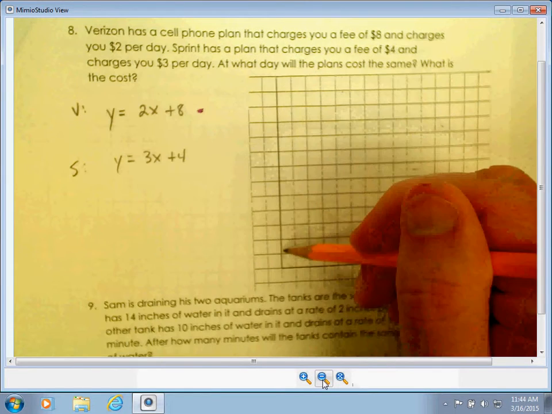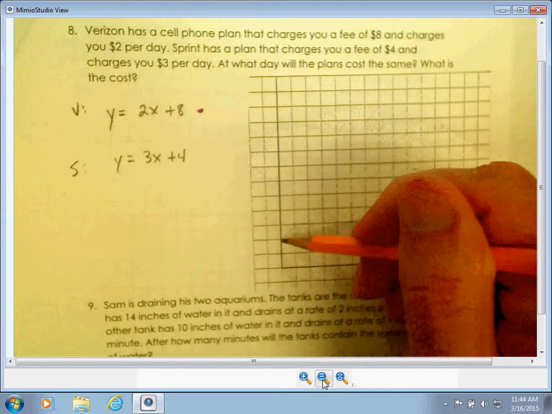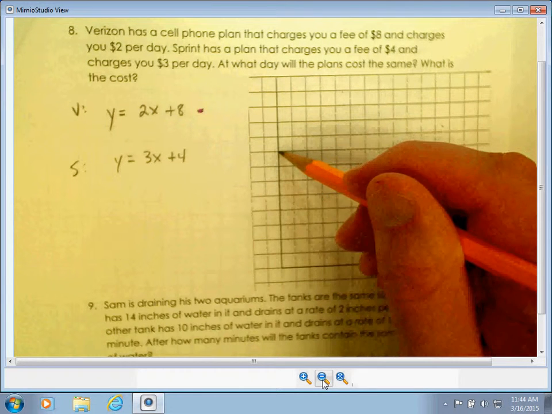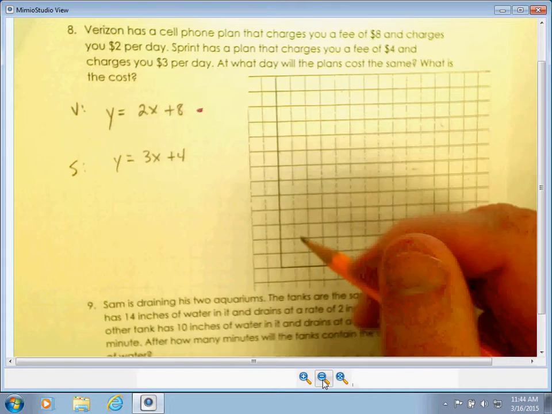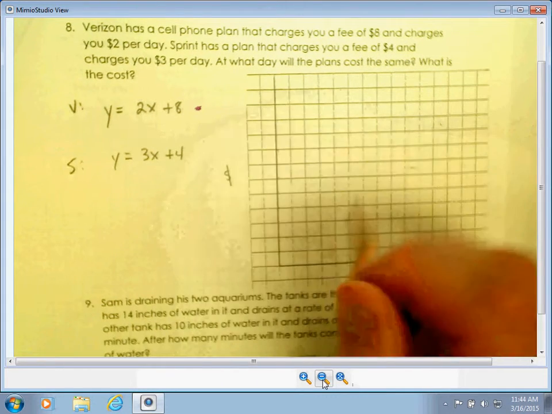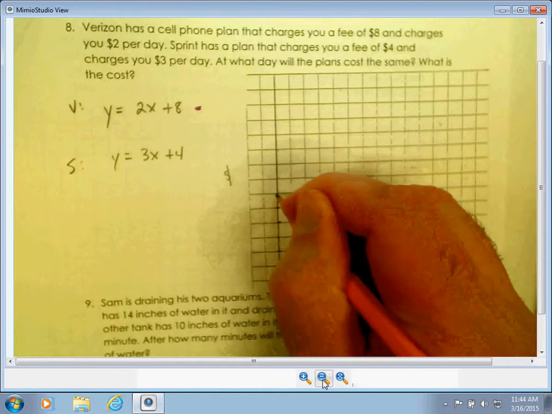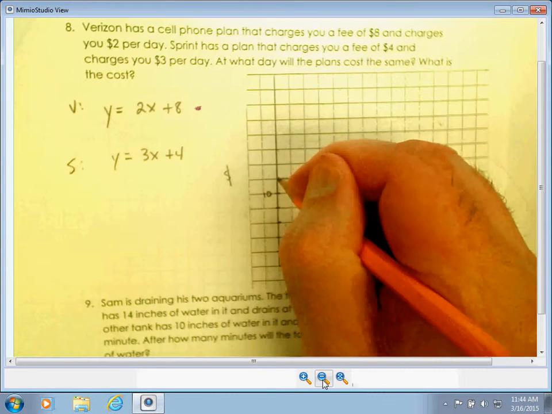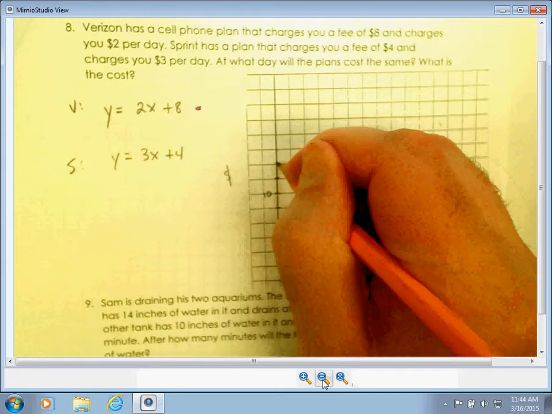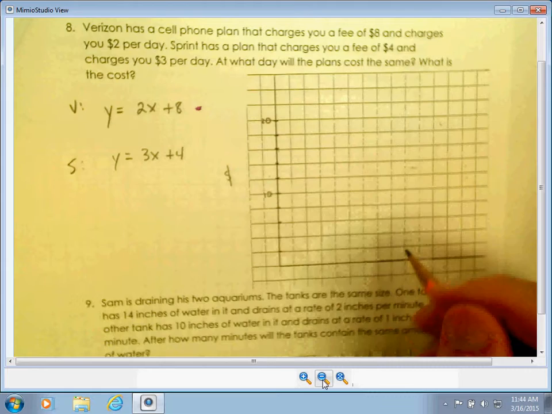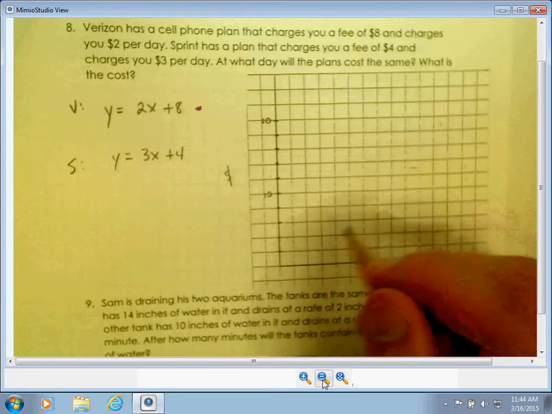If I make this by ones, it's going to have 1, 2, 3, 4, 5, 6, 7, 8. 8's going to be all the way up here. I think I'm going to do this graph by 2's on the y-axis. So we have money on the y-axis, and I'm going to do it by 2's. 2, 4, 6, 8. Here's 10, 12, 14, 16, 18. This is 20. And I'm just going to continue to do the x's by ones.